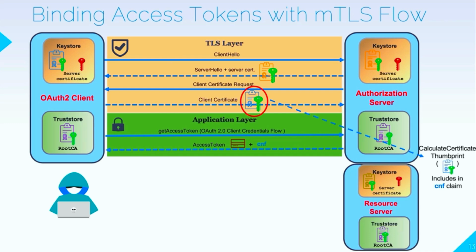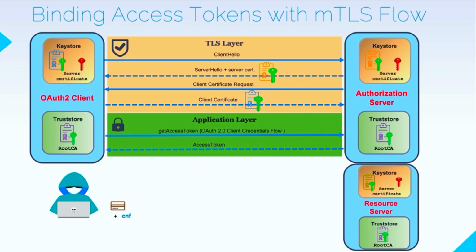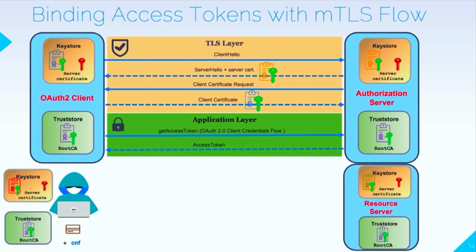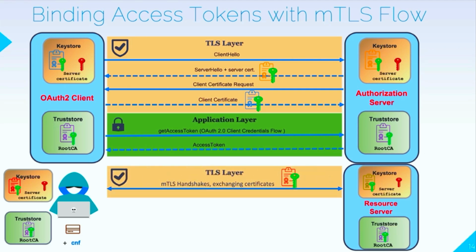At this point, the access token is already bound to the client certificate through the CNF claim included in the token. The attacker, having intercepted the token along with the CNF claim, attempts to use it to access resources on the resource server. To do so, the attacker must authenticate using mTLS. The attacker has their own key store and trust store, but the key pair is certainly not the same as the client's key pair. The attacker sends a request to the resource server.